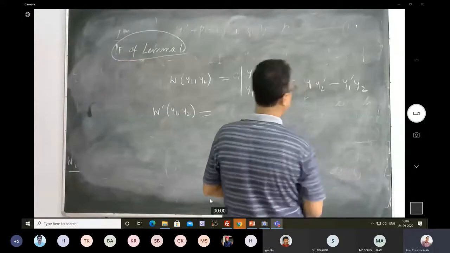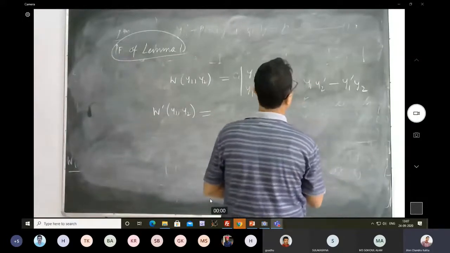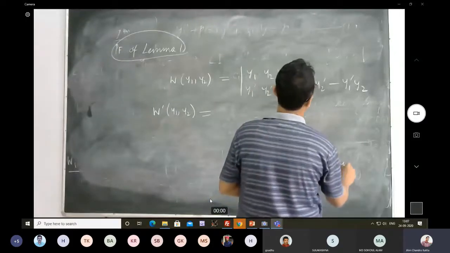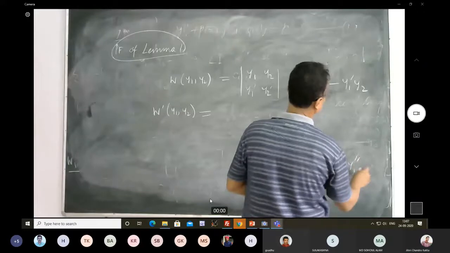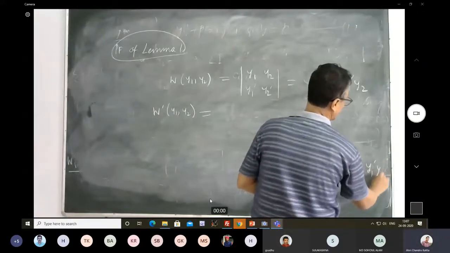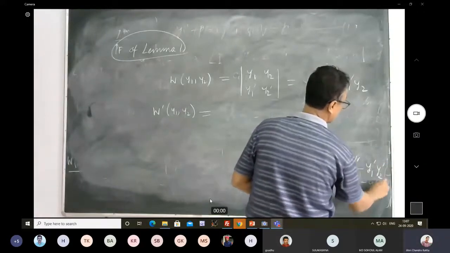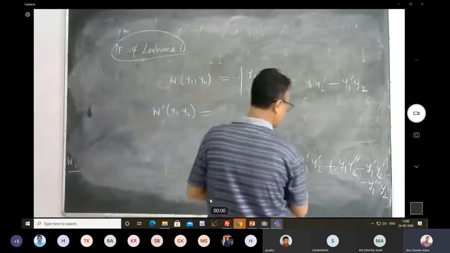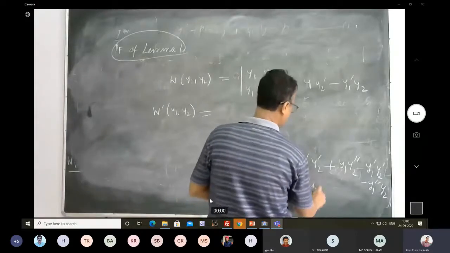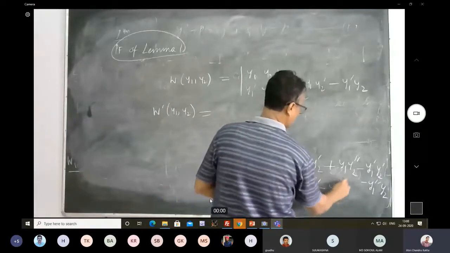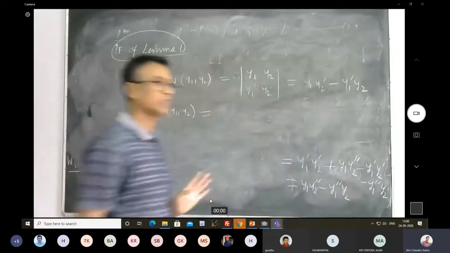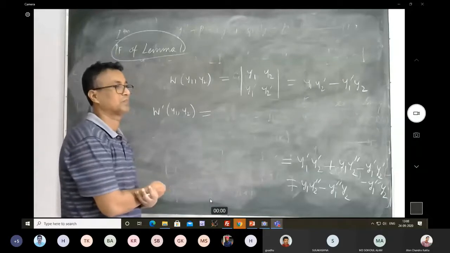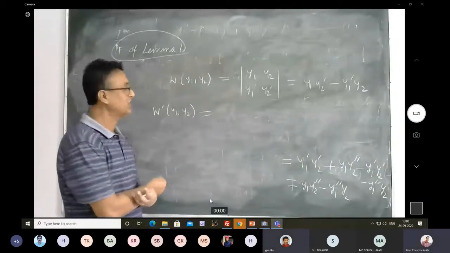So this is going to be simply your y1, fine. Eventually it is going to give me simply y1 y2 double prime minus y1 double prime y2. Fine. Isn't it?